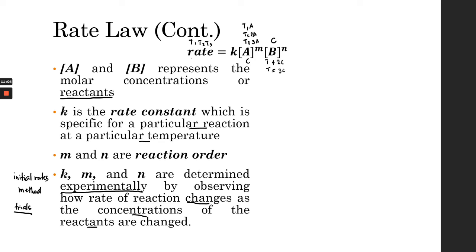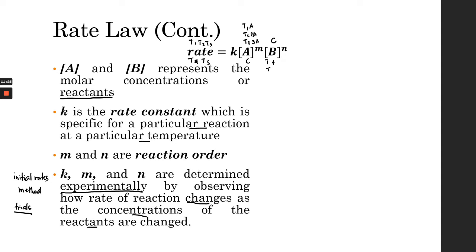And then we're going to solve for trials 4 and 5. So that's basically what the initial rates method is. You are measuring how much the rate changes by changing the concentration of one of the reactants.